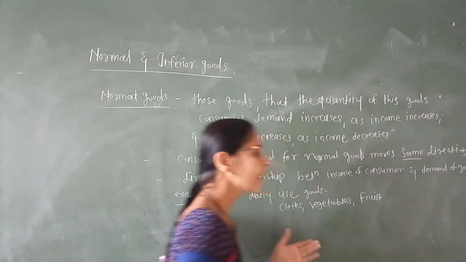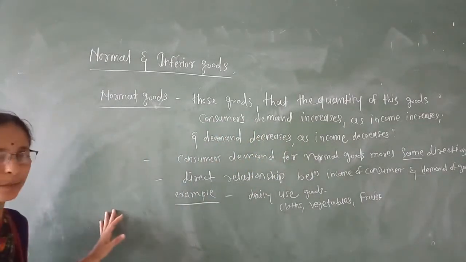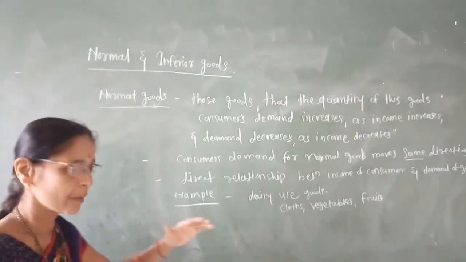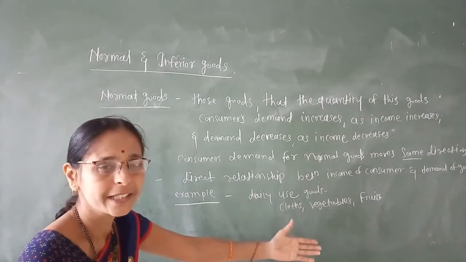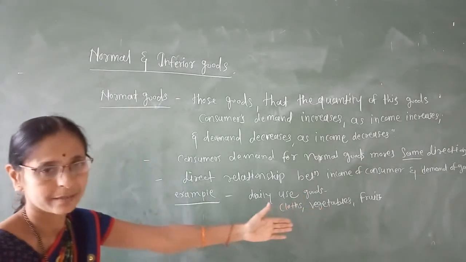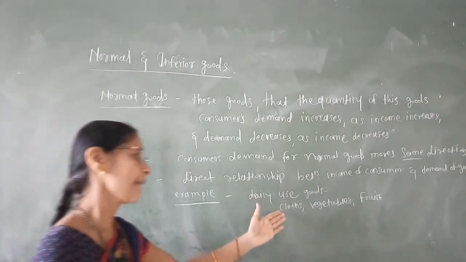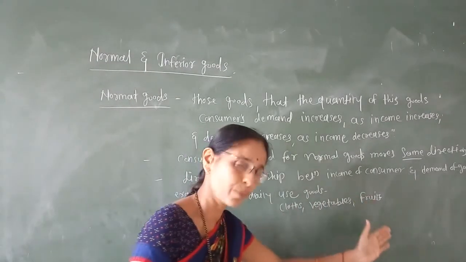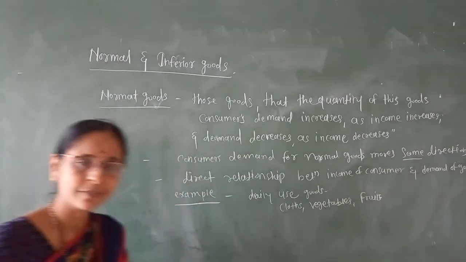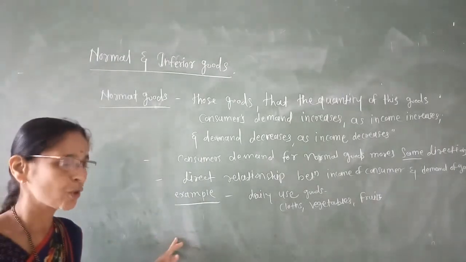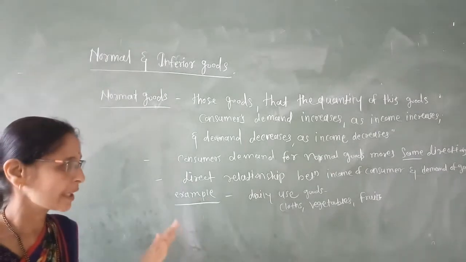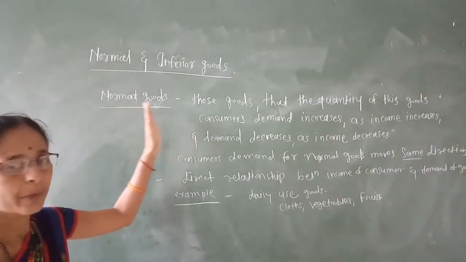These are examples of normal goods. If the income of the consumer increases, we also increase the use of these goods, like clothes, vegetables and fruits. And if the income of the consumer decreases, then we also decrease our demand for normal goods.